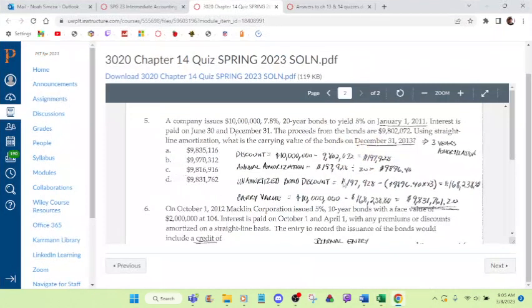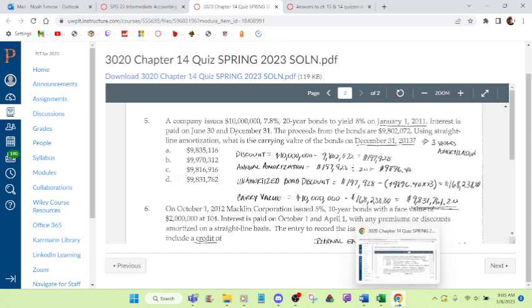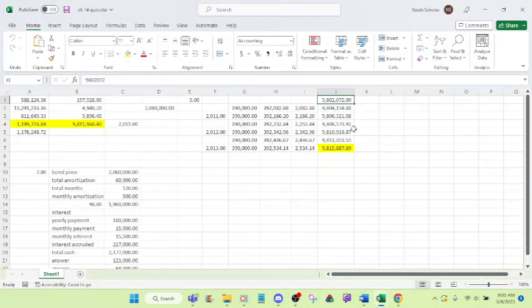Wait, what was the question asking? Carrying value, yeah. I was doing 2 payments per year. So, this right here is the end of 2011. Oh my gosh, why was I being such an idiot?